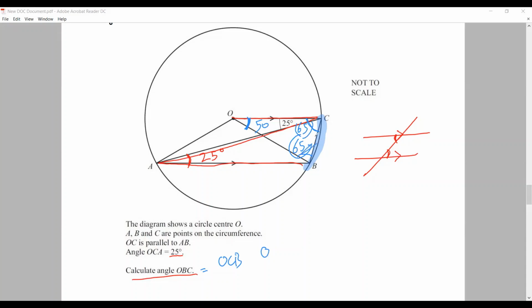If they wanted us to find this angle, what would you do? You have to find this, right? And double that to get this. And I know this is 65 already, the whole thing. And you subtract 25 from it. Just to practice this theorem. That's a very famous theorem.